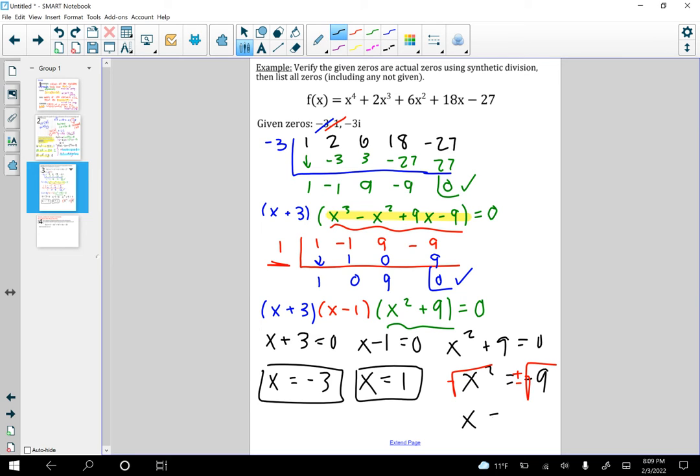I get plus or minus 3i. And they did tell us that -3i was a zero. And we talked about this last time. Its conjugate, positive 3i, also is a zero, according to the complex conjugates theorem. And we found that algebraically right here. Okay, good stuff. So there's an example of when you're given zeros, how you can use synthetic division to find all the other zeros.